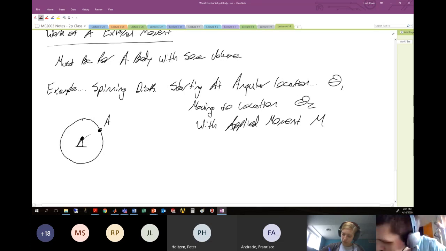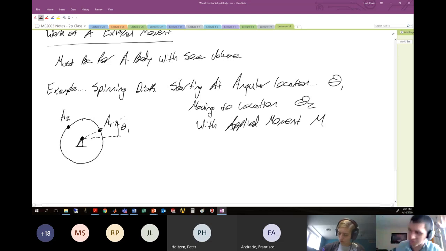Okay, so with our disk here, maybe we've got a point on this disk, let's call it point A. If we define this as theta 1, it's going to move to some other angular position later because it's spinning. So this is A1, and this is going to be some other position later.